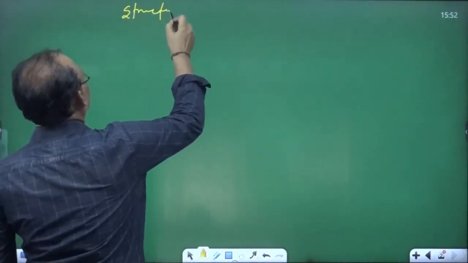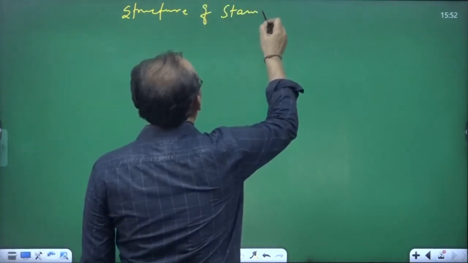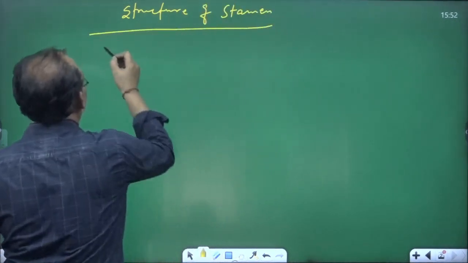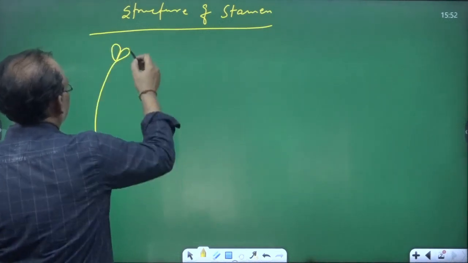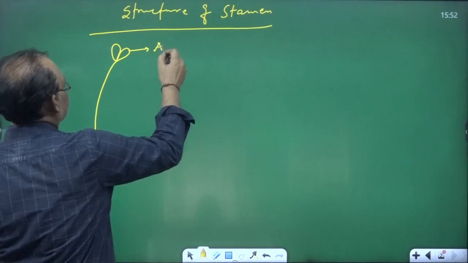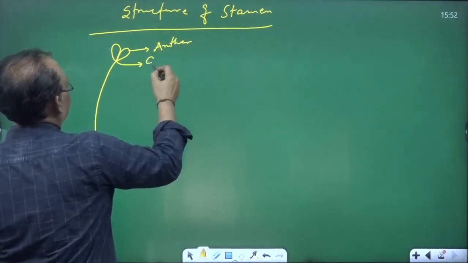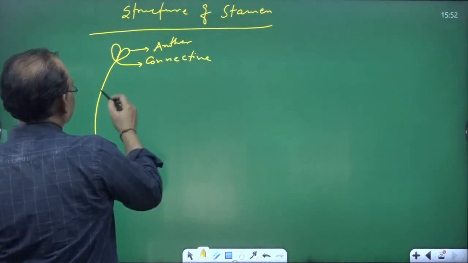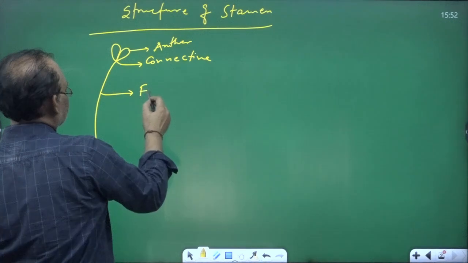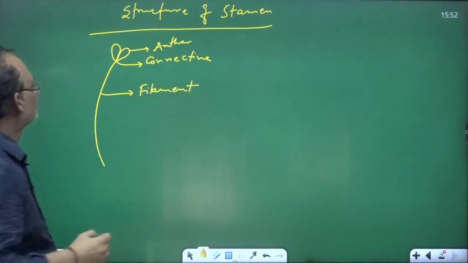Structure of stamen. The stamen has this type of structure. This is the anther, this is the connective, and this is the filament, right?